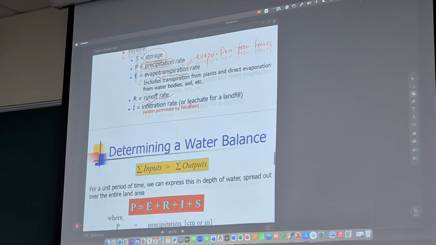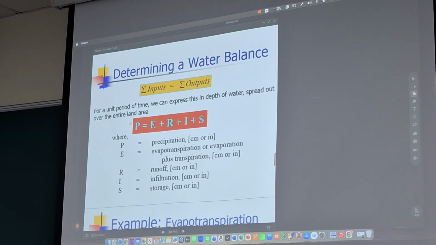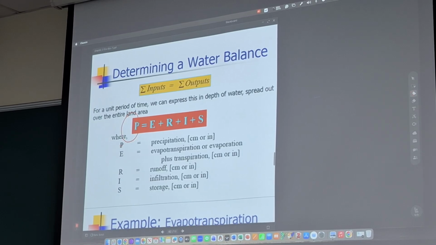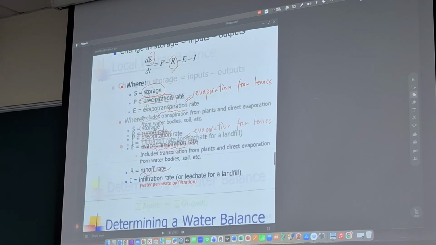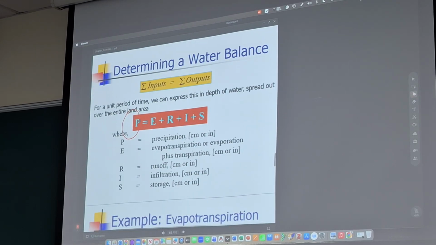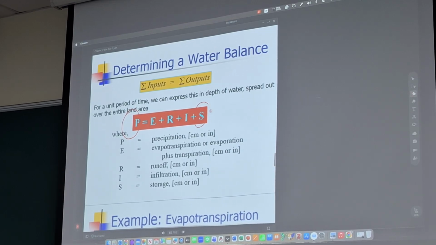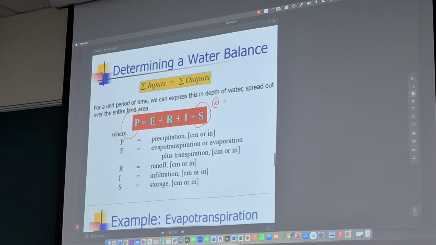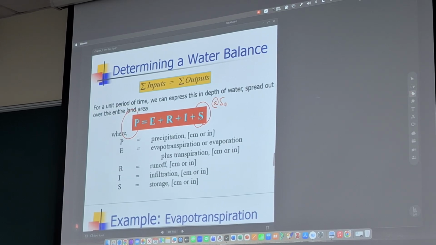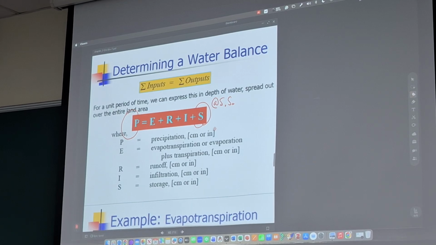Okay, so let's rearrange this. So the P equals E plus R plus S. However, if this is at steady state, steady state means the change becomes zero over time, right?